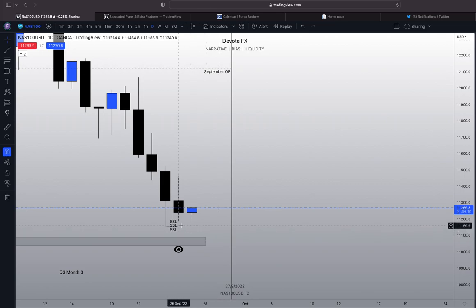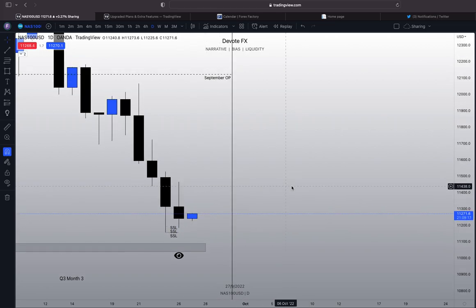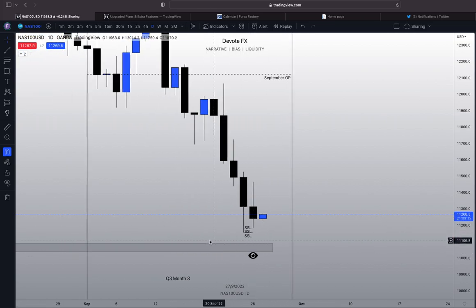I just didn't want to have the lines marked individually. I'm still looking for this liquidity to be taken out as the weekly objective.